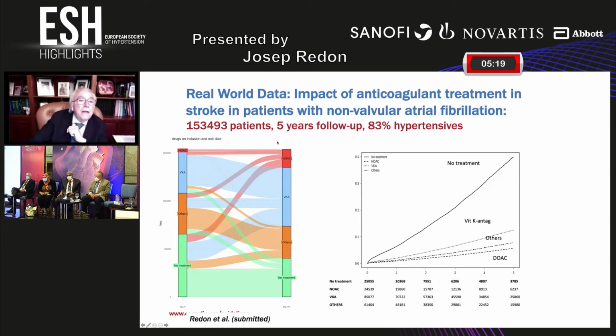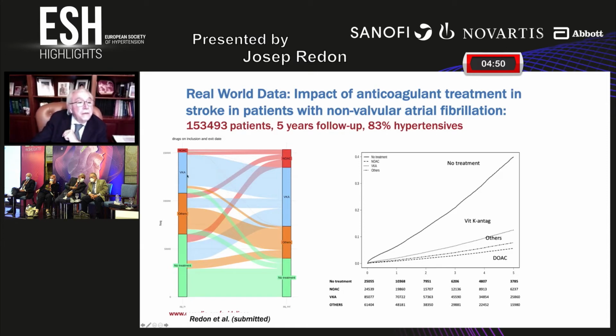This is until 2016, so the use of DOACs is less, but you will see that a large proportion of subjects, and this is on electronic health records of the general population, in other words the real world, are still without treatment, and some stop the treatment.